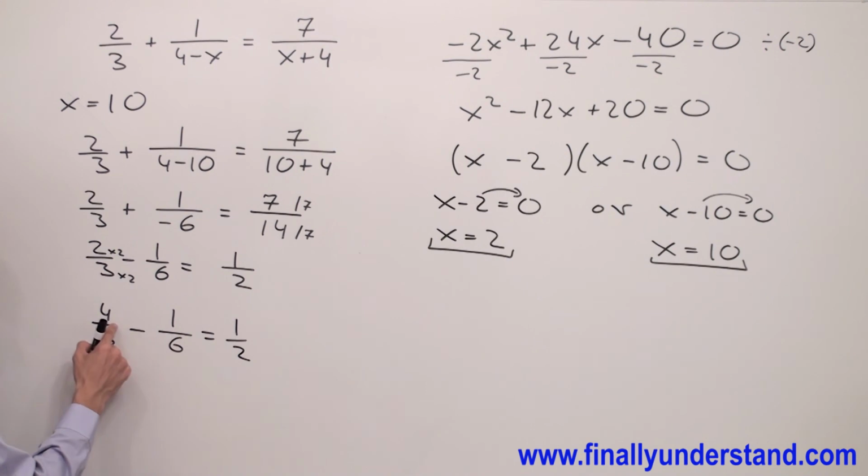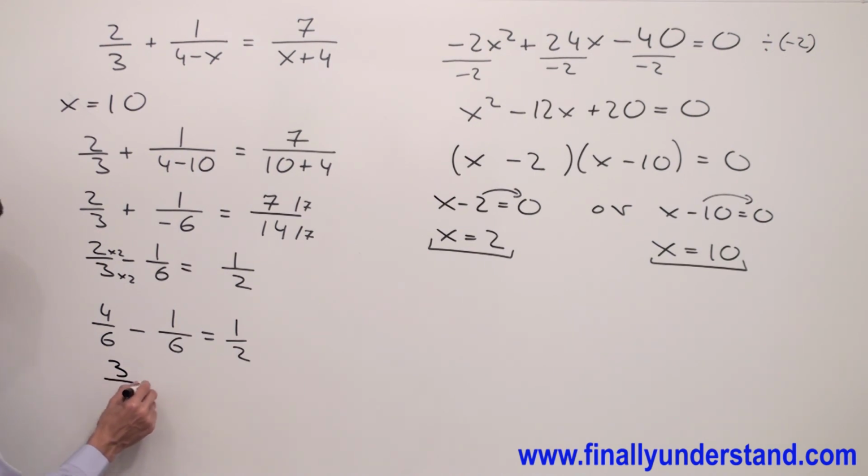Common denominator, I can subtract these two fractions. 4 minus 1 is equal to 3. 3 over 6 is equal to 1 over 2. I can reduce this fraction by 3. 3 divided by 3 is 1 over 2, equals 1 over 2.